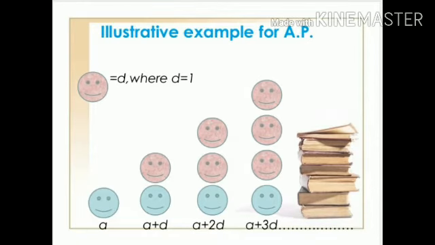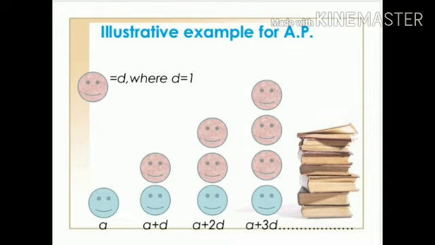Dear students, observe the diagram here. The brown color faces indicate the d, and the light blue color faces indicate the a. First one is a, that is the first term. When we add 1d to a, we get a plus d. Similarly, a with two brown faces indicates a plus 2d.